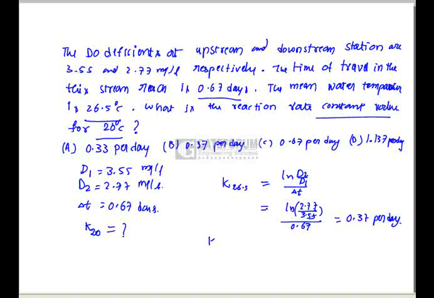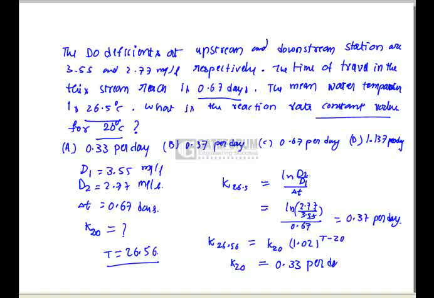So K at 26.5 is equal to K at 20 into 1.02 to the power of temperature T minus 20, where T is 26.5. By substituting these values we will get K at 20 degrees centigrade as 0.33 per day. So option A is correct.